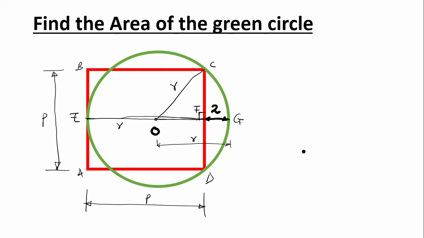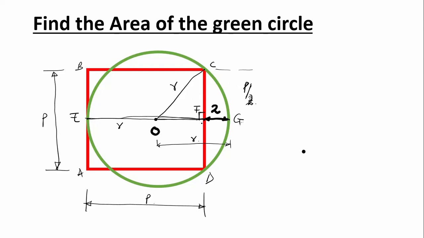And so now you have here is 2. Then from here to here, it's P all over 2, because it's half.